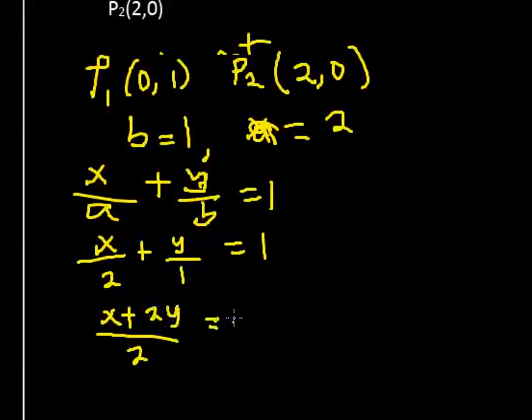Equal to 1. Or better still, you can make it easier: multiply everything through by the LCM of the denominators to eliminate the fraction.